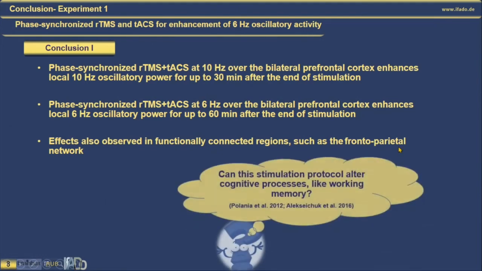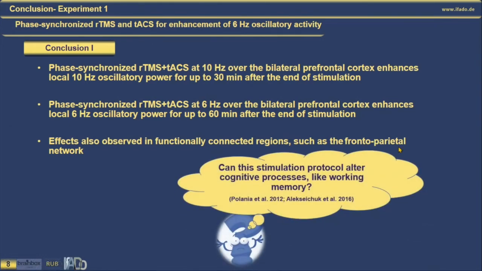And so we continued with our second experiment to explore whether these changes in theta frequency also translate into functional changes in cognition or not, and we used working memory to check this.